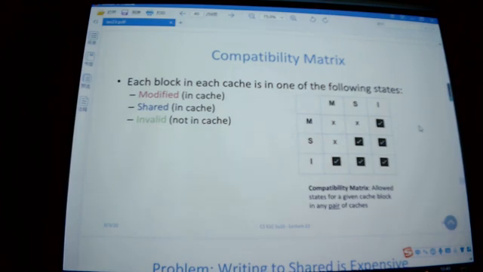This is correct because invalid data isn't useful, so we don't want invalid data in the cache. We hope the data in the cache is useful and frequently used. The compatibility matrix shows the allowed states for a given cache block in any pair of caches.